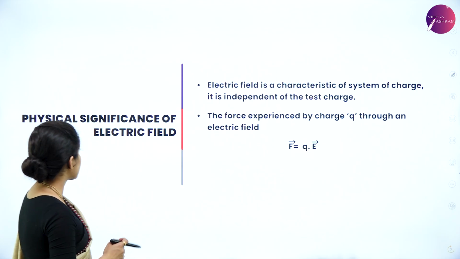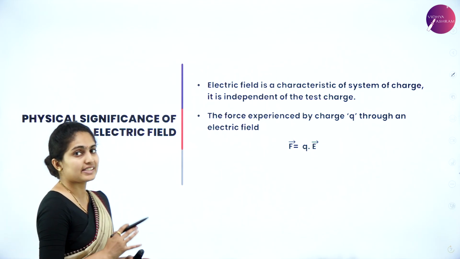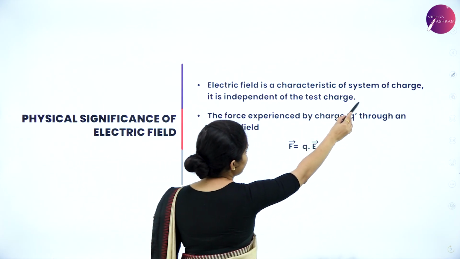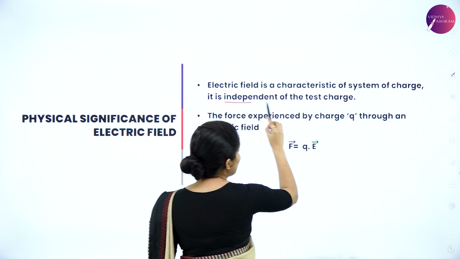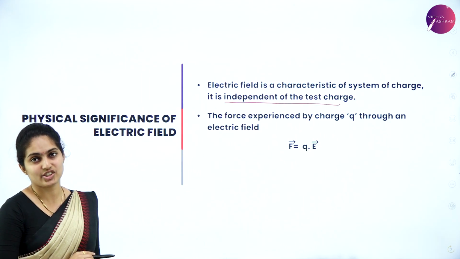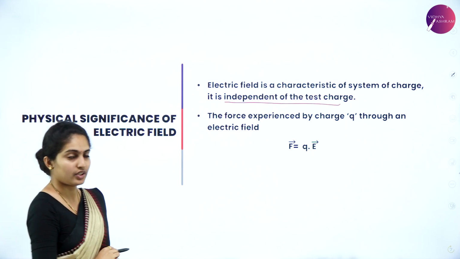Okay. Next is physical significance of this electric field. You have it, that is electric field. It is a characteristic of a system and it is independent of the test charge. Field never depends upon the test charge. It depends on the source charge. Okay.